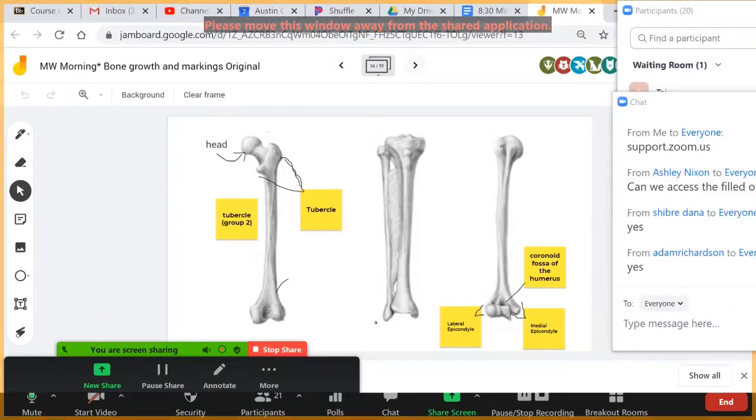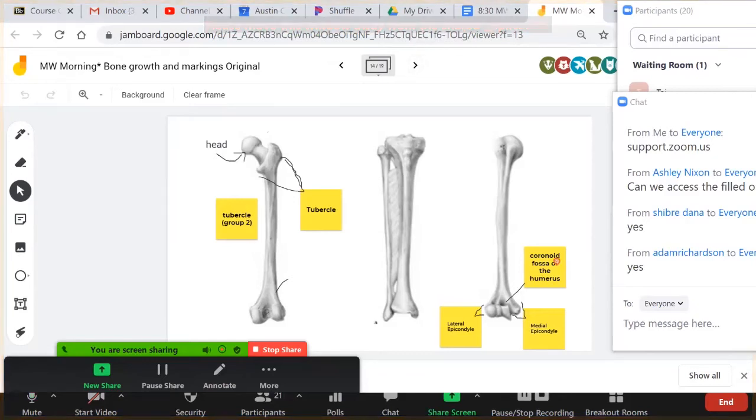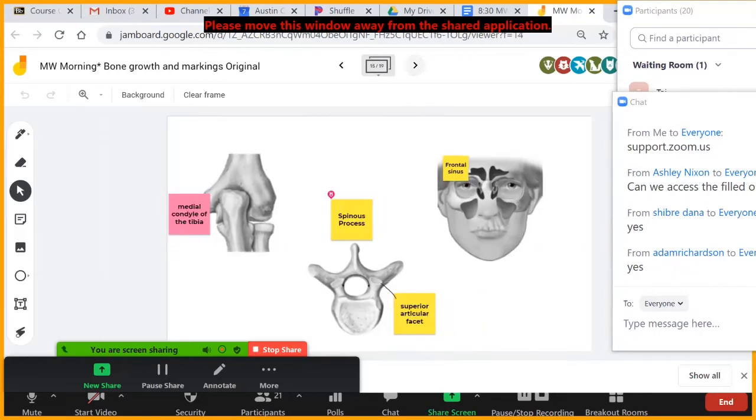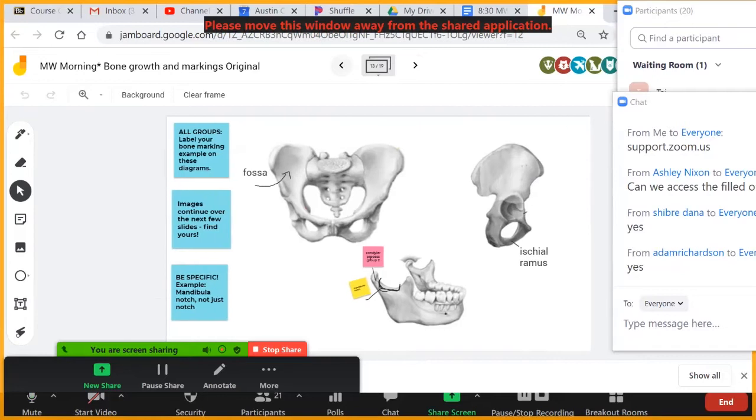I don't see it there, but where did you guys label a tuberosity? A tubercle, I believe, is a slightly different thing. So group 1, where did you label the tuberosity on the bones? It can be anywhere. There's tuberosities all over the place. There's some good ones on the pelvis too.